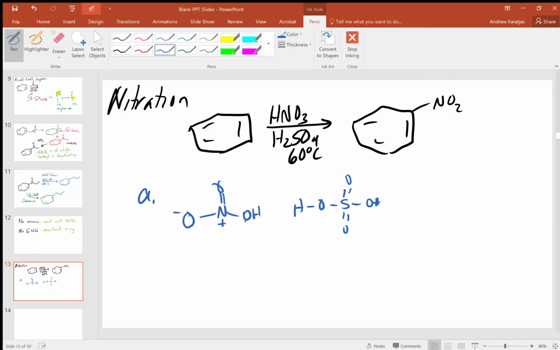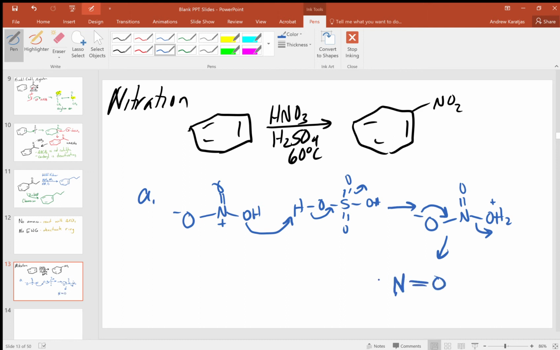And the oxygen in nitric acid will actually remove a proton from sulfuric acid. That gives us a leaving group with this oxygen can now add its electrons in and kick out water. So now we've generated our electrophile for the nitration reaction, NO2+.